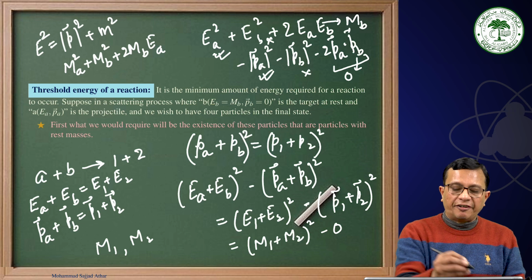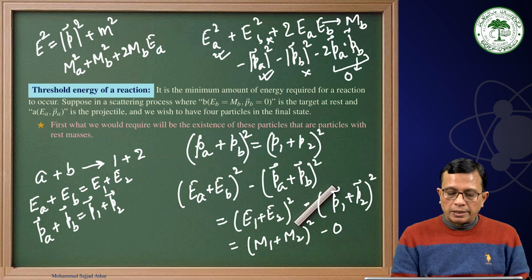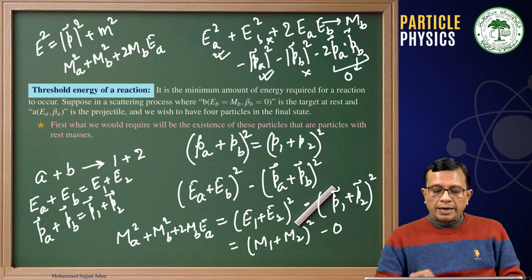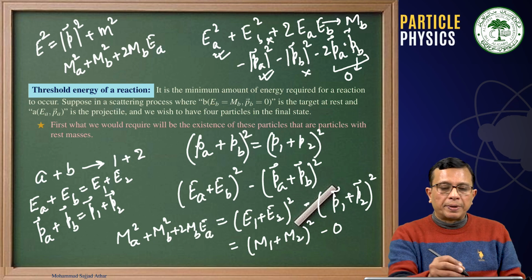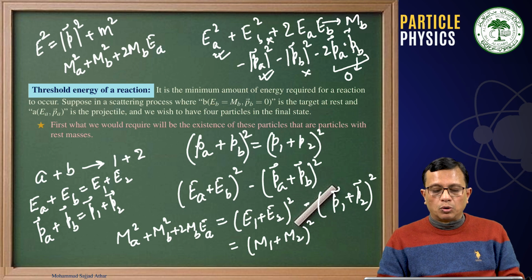Therefore, I am writing the left hand side as MA square plus MB square plus twice MB EA. And the right hand side is simply M1 plus M2 whole square.